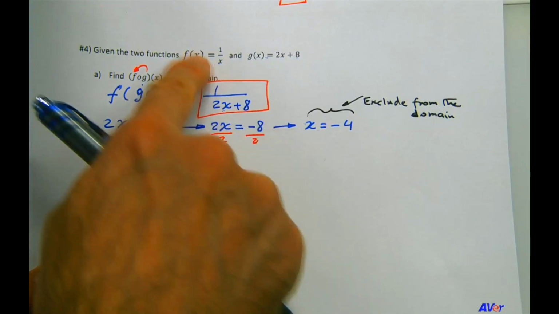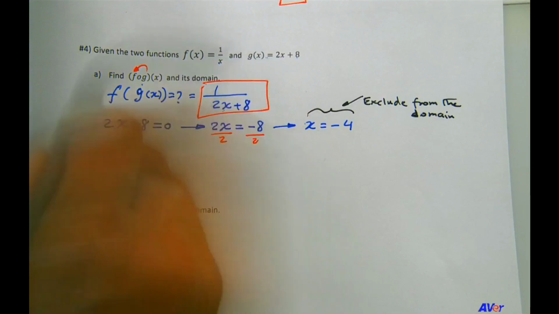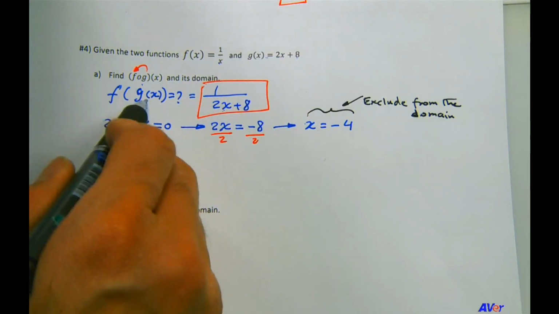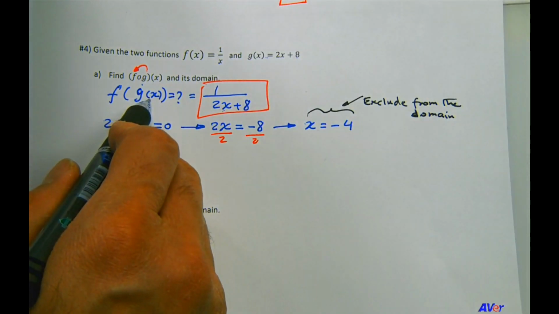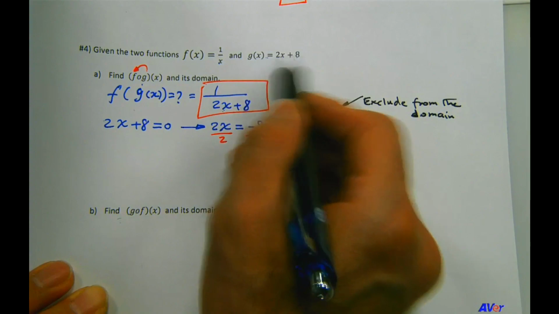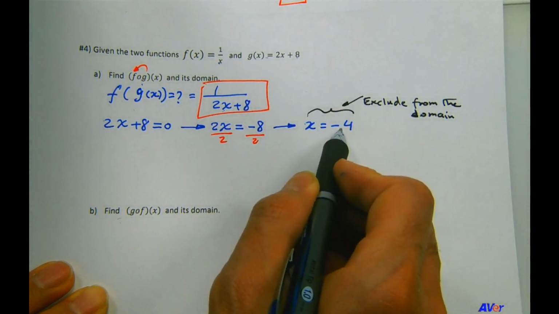We're not going to worry about that. The function that was replaced in the other function was g. That's the domain we need to be concerned about. So because g is okay, the only number we need to exclude from the domain is negative 4.